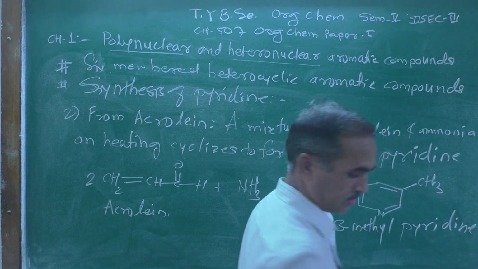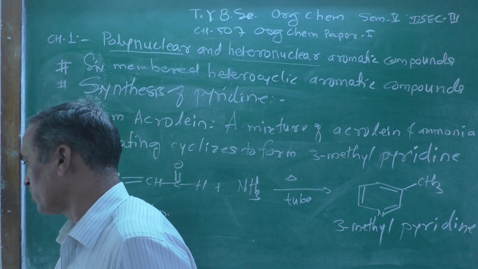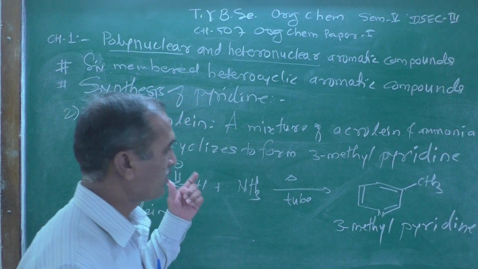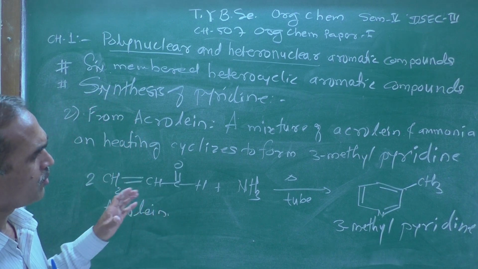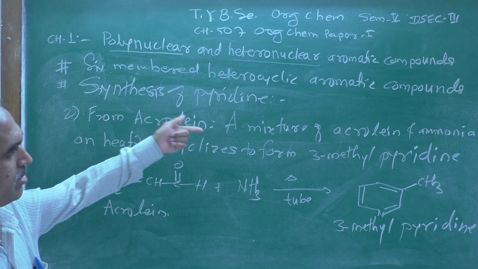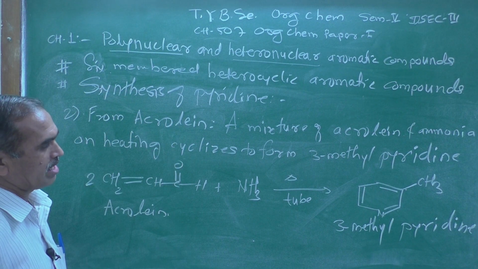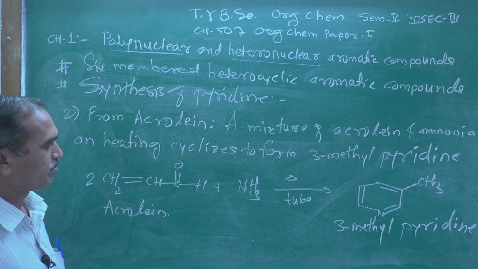pyridine. That would be the product obtained in this particular synthesis. From acrolein, a mixture of acrolein and ammonia on heating cyclizes to form 3-methyl pyridine.